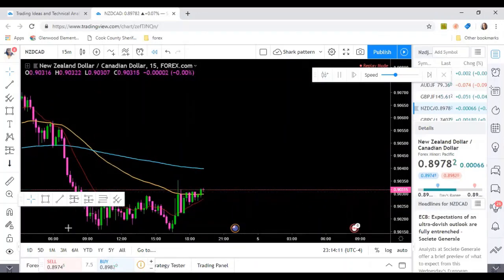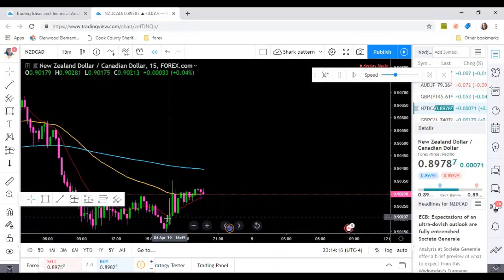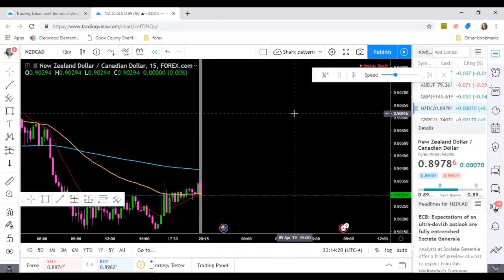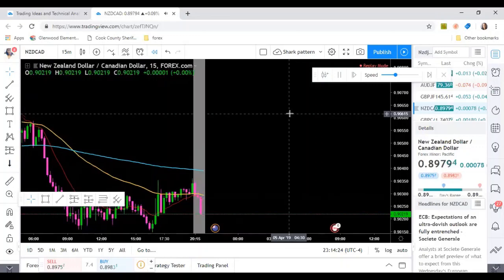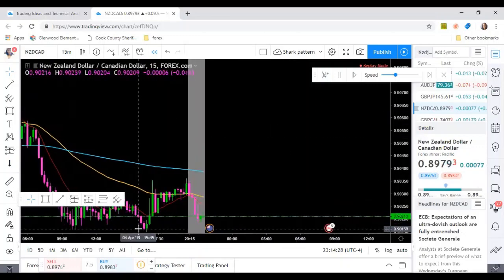But we're keeping an eye on it because it has not made another low. It definitely had to retest right here, and it looks like it might be time. Almost. Looks like it's coming back to test the low.